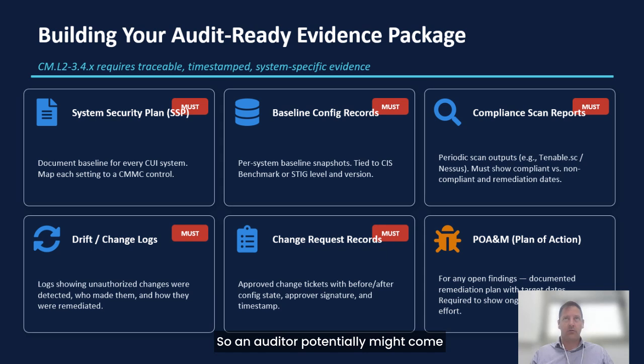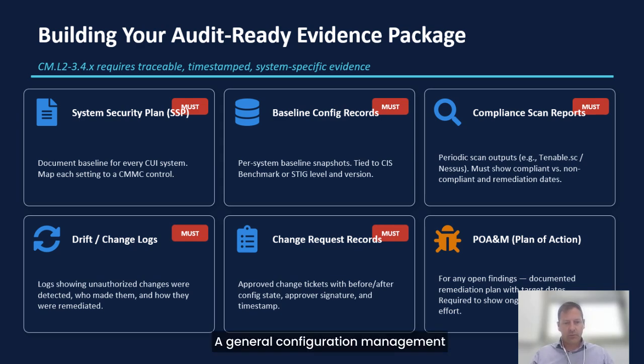So an auditor potentially might come and say, hey, if there was a change that was done on a system 6 months ago, where can I see the documentation that this change was actually approved and went through the formal change approval process? This is very important to prepare and think about not just the initial documentation, but also how this goes into your daily routines in your production environment.